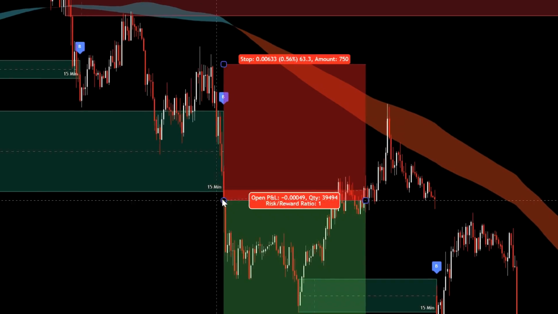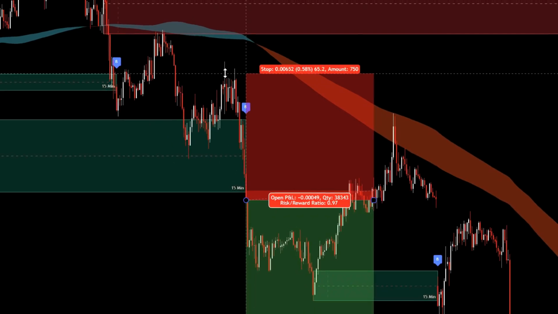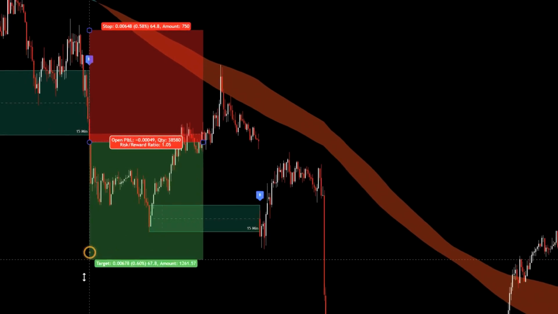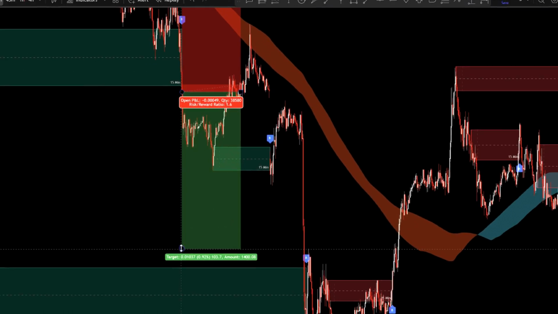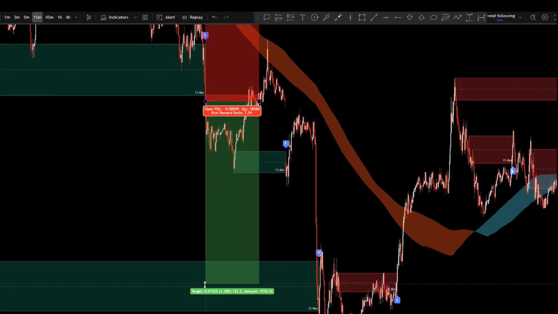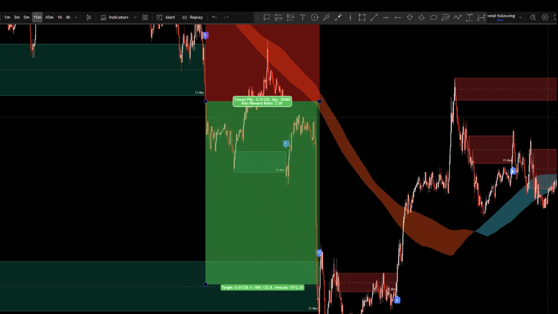Once you get the break signal from the indicator, that's your cue to open a sell position with your stop loss just above the most recent swing high. And yep, same deal for your profit target. Go for 2R. Easy, right?